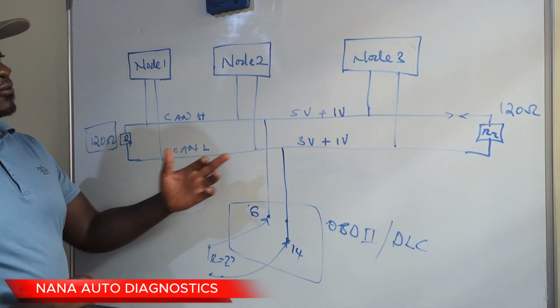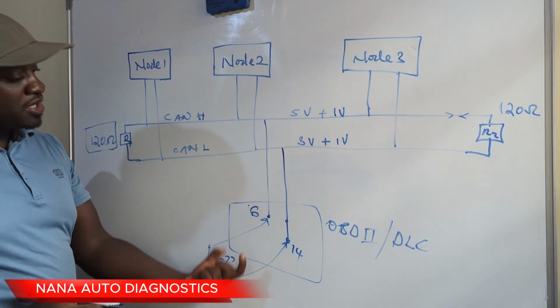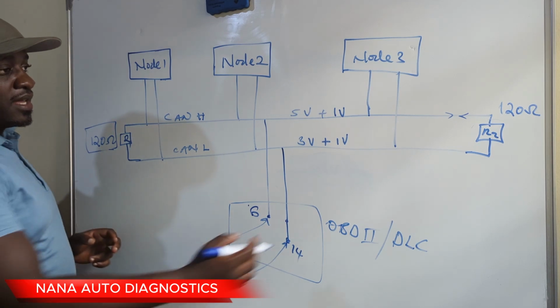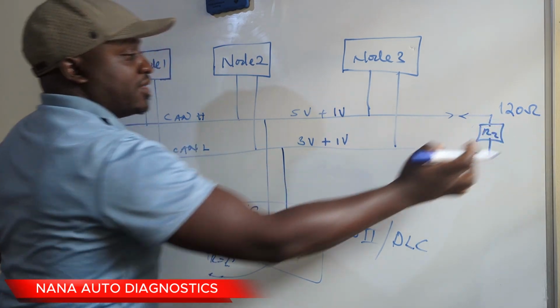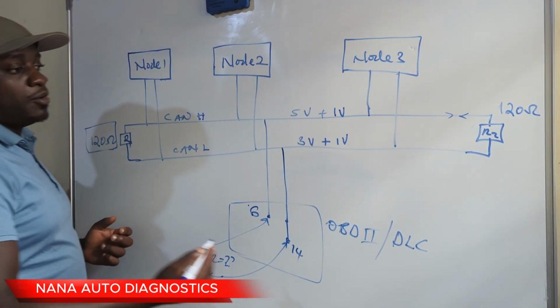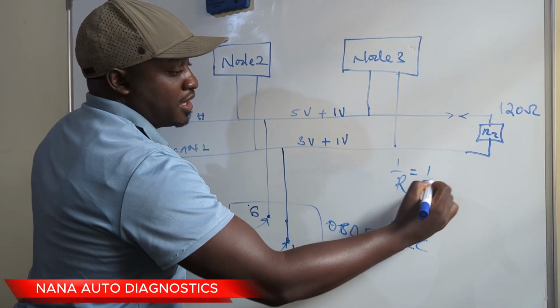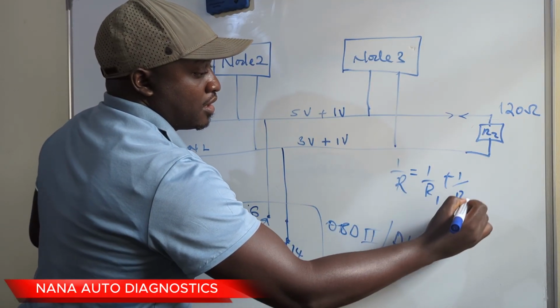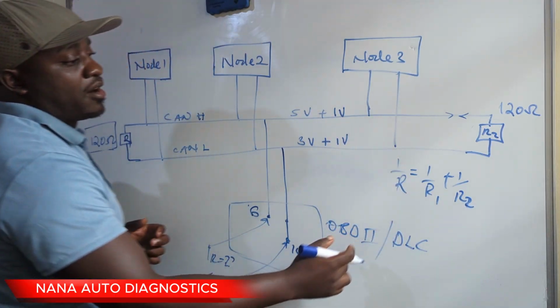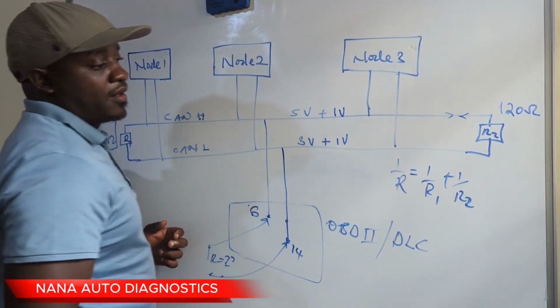And as we can see from here, if you're measuring from these 2 points, these resistors are in parallel. And we know that if you want to obtain the effective resistance, it will be 1 over R, which is 1 over R1 plus 1 over R2.